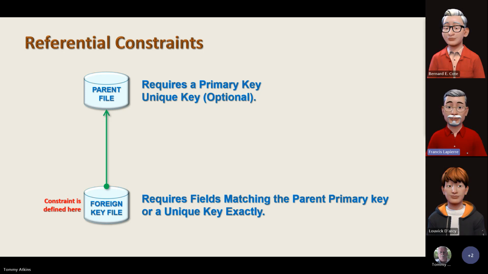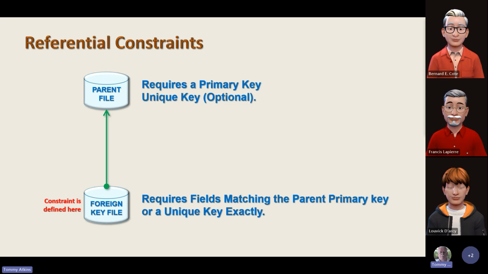Do you know, Tommy, if you are doing a copy file or create duplicate object, does it mean that you need first to create the parent file, and after that just copy the foreign key file? I mean in the situation where we copy the file in the test environment, we need to do it in the good sequence: copy first the parent file and after that the foreign key file.